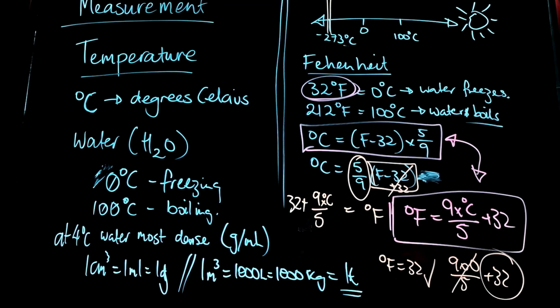So it's a great way of checking that you've rearranged the formula correctly by just knowing a couple of little things. And that's one of the things that I hang on to, and I remember when I'm converting between degrees Celsius and Fahrenheit, is when water freezes and when water boils in those two different scales. So good luck with those questions.